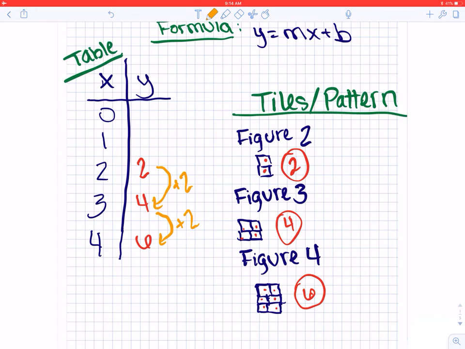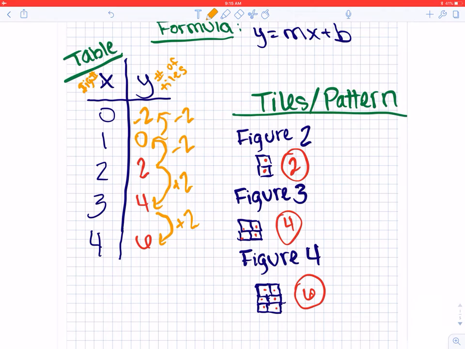So how would I get figure 1? This is my figure number, and this is my number of tiles. I'd have to subtract. So I'm subtracting 2, which gives me 0, and I'm subtracting 2, which is negative 2.